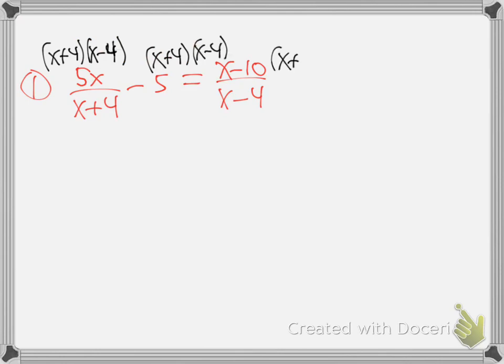And then over here on the right, x plus 4, x minus 4. Is that good? These guys will cancel. Right? Because that's the reason we're doing it. We're trying to take out, I always call it the hitman, taking out the denominators, to help you remember to cancel. Like that.